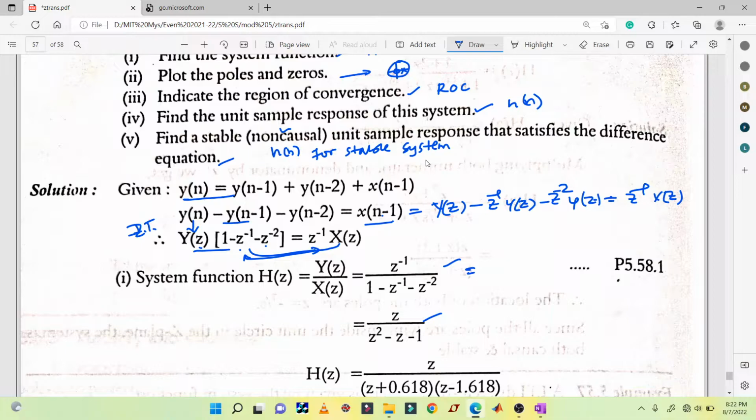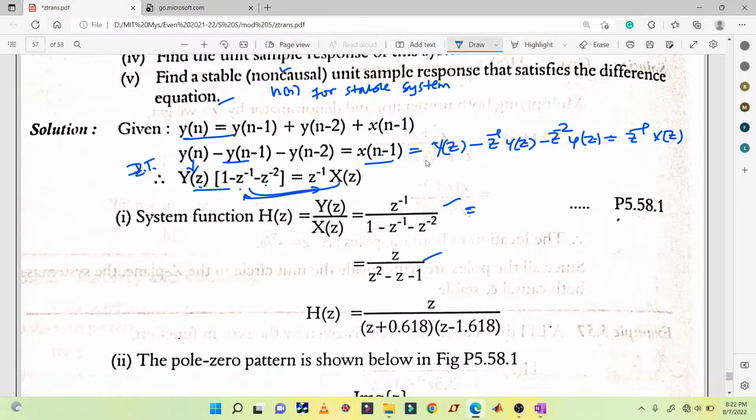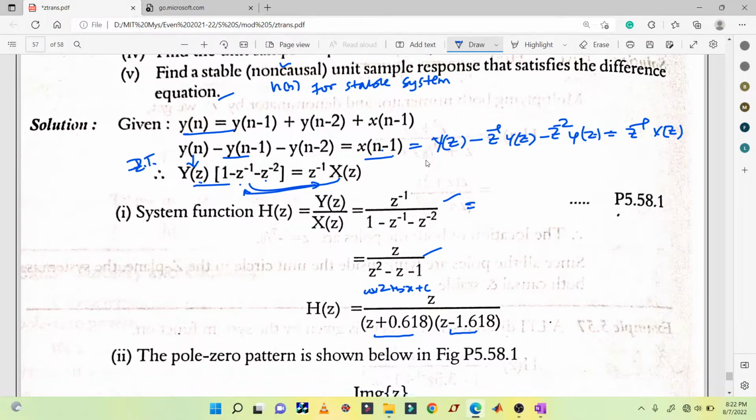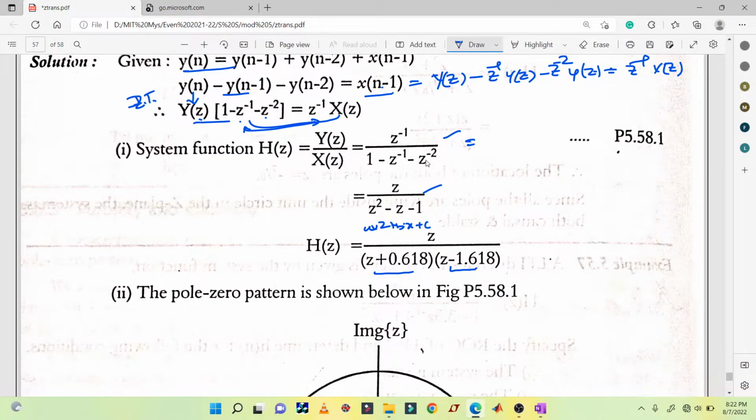Now applying the quadratic equation ax square plus bx plus c, we get the roots as z plus 0.618 and z minus 1.618. So a similar kind of problem we have previously solved. So this is the first point, the system function. This is our system function.